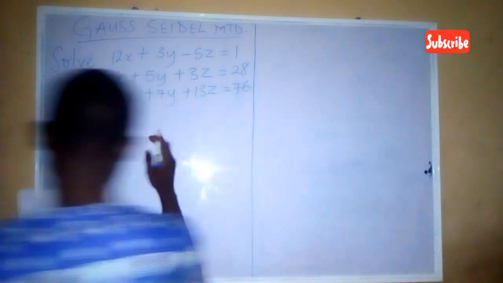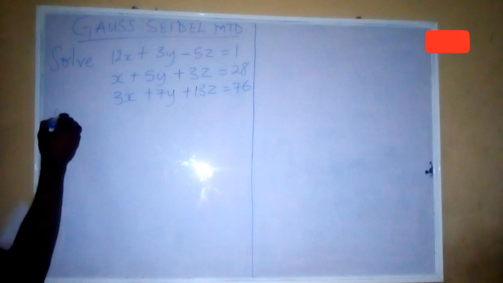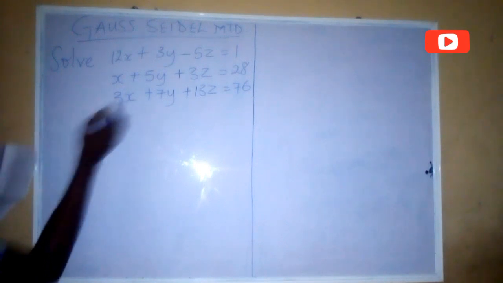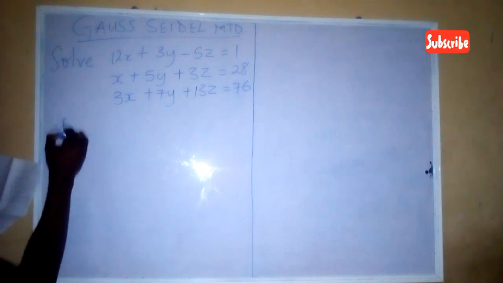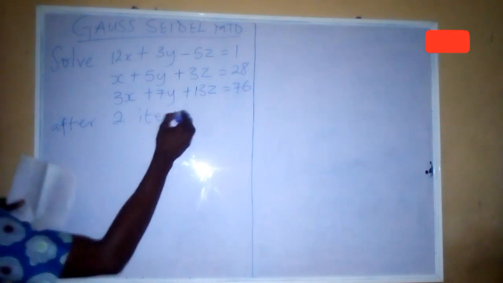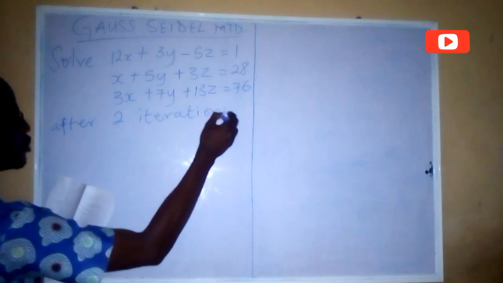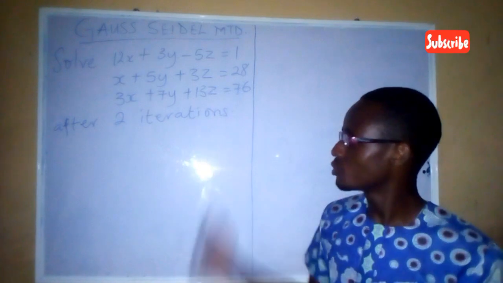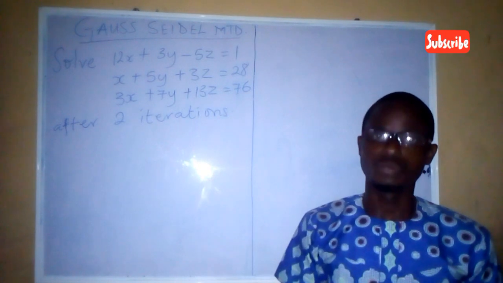The question says find x, y, z after 2 iterations. So definitely we are going to perform 2 iterations in this question, and what iteration means we will understand better once we start solving.